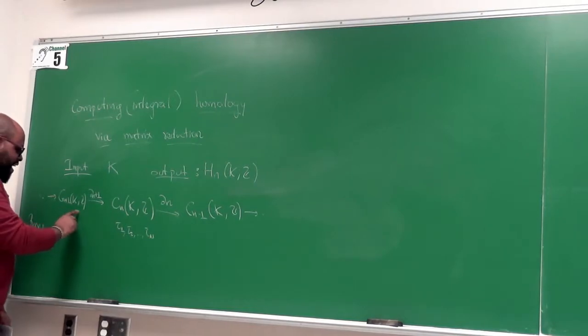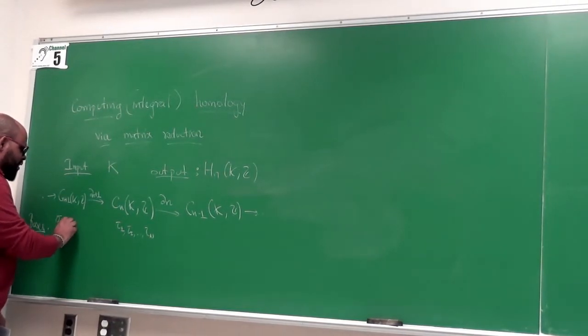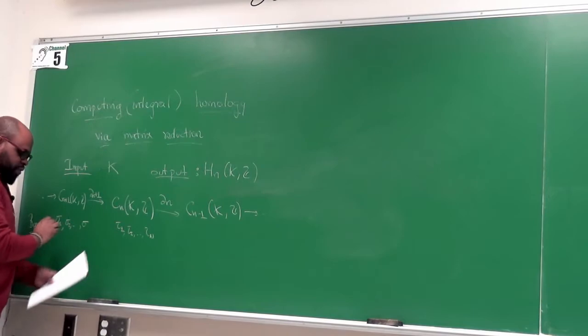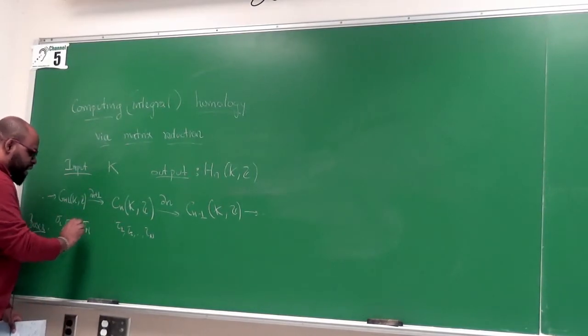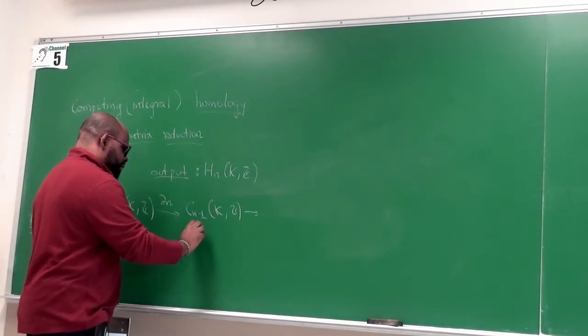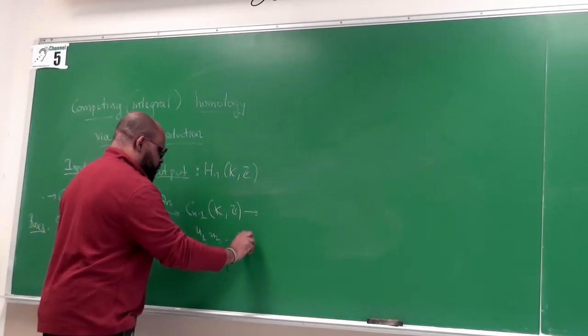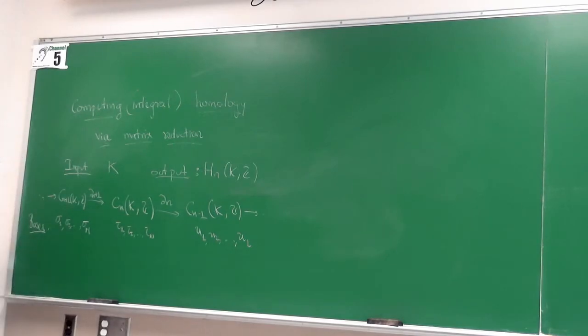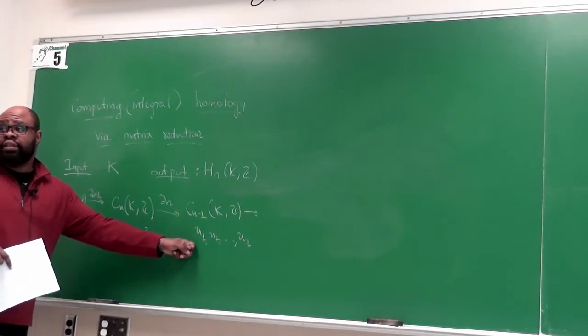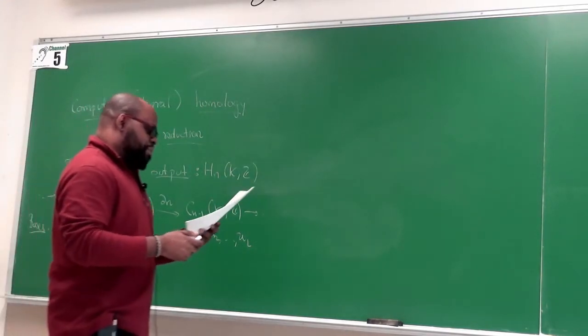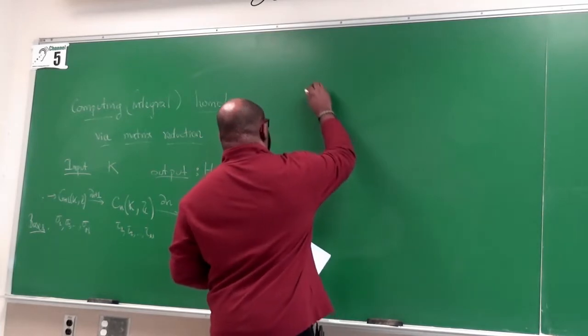And maybe here I have a basis sigma 1, sigma 2 through sigma m, and here perhaps I have a basis u1, u2, all the way to ul. Usually these bases we take to be just the standard simplices. So these are the n simplices, these are the n+1 simplices, and these are the n-1 simplices.